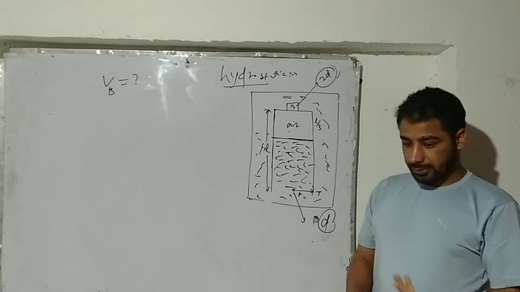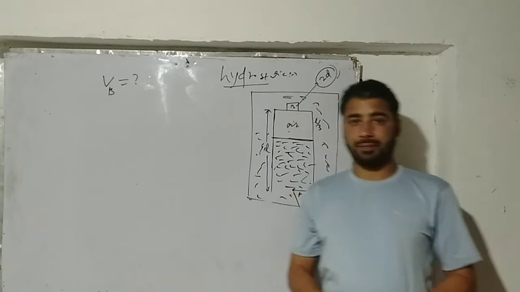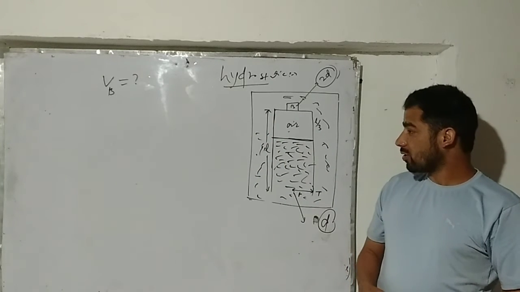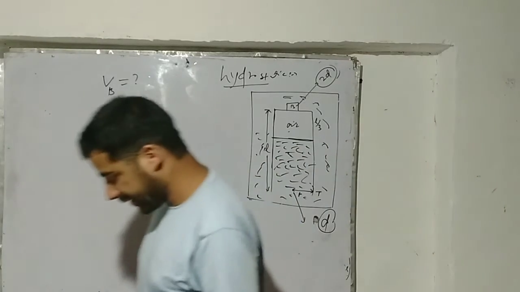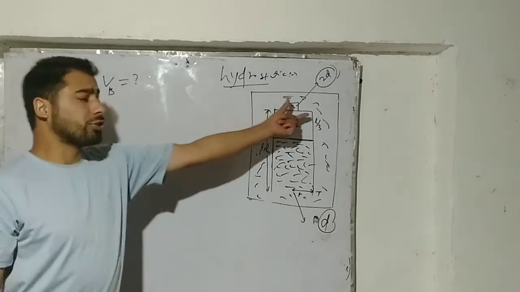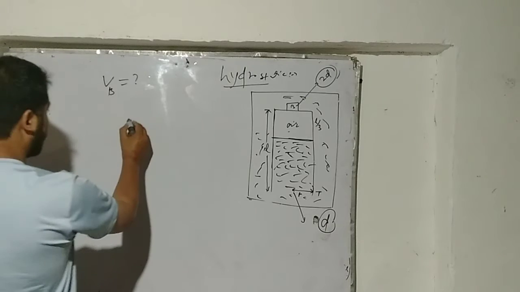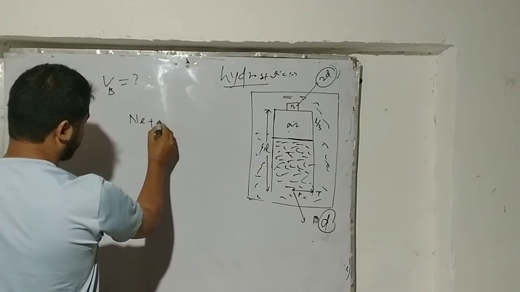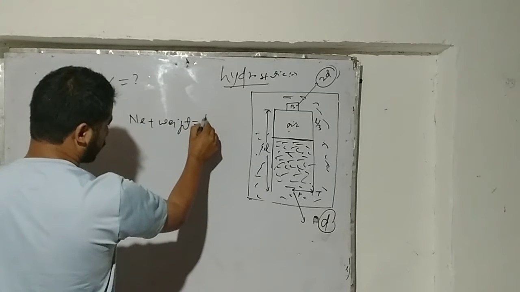This is possible if and only if the equilibrium of this box is maintained inside the water, even if we place the box whose density is given. It means the net weight will be equal to the buoyant force.